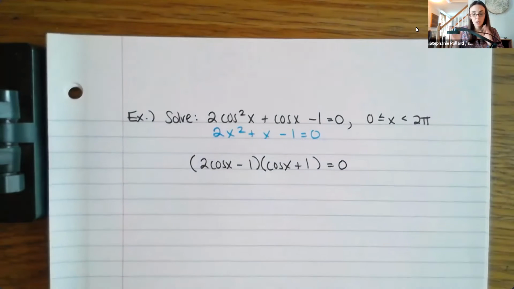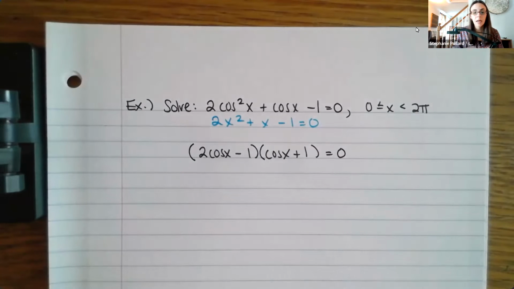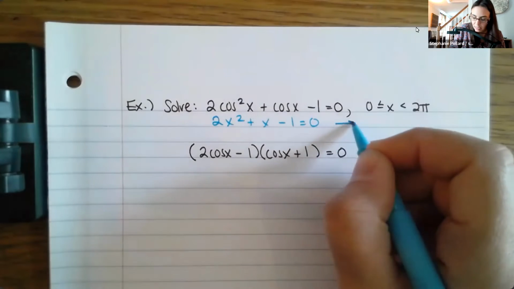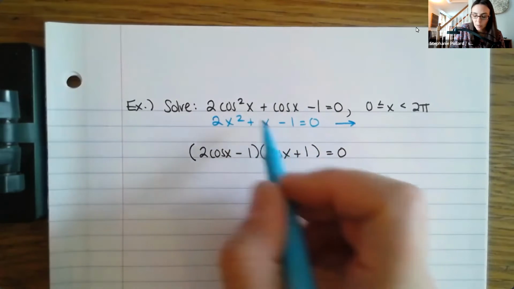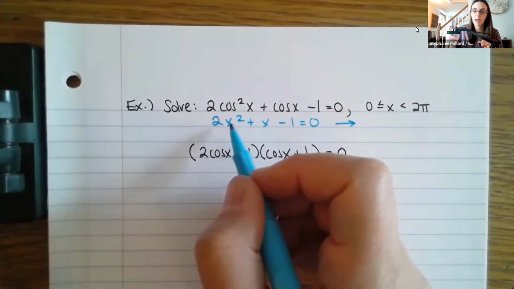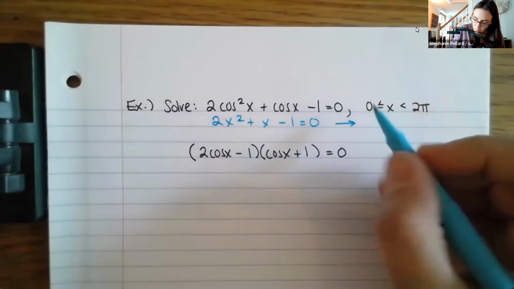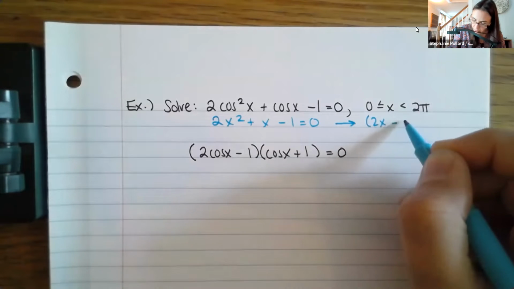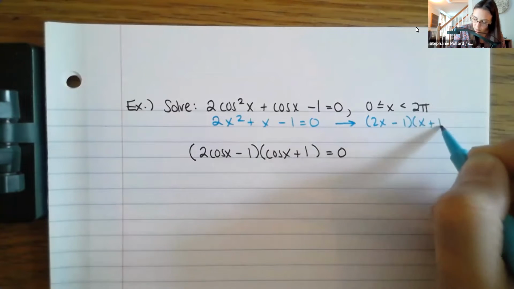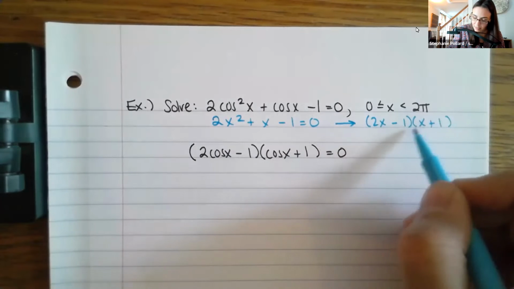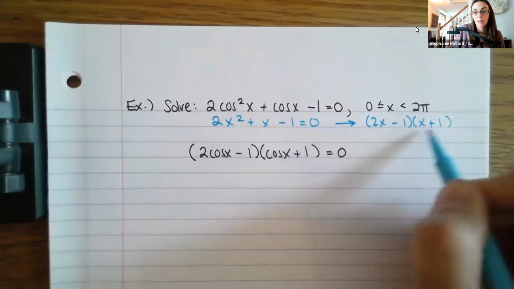And it factors as 2 cosine x minus 1 times cosine x plus 1. Sometimes it helps to put this in a base form first. Oftentimes we use u's instead of x's here, which is a substitution technique. So you can use any variable you want, whatever is helpful for you to get that factored. And when you factor it, this factors into 2x minus 1, x plus 1, because you get that 2x squared, you get a positive 2x and a minus x to give you 1x, and then you get the minus 1.